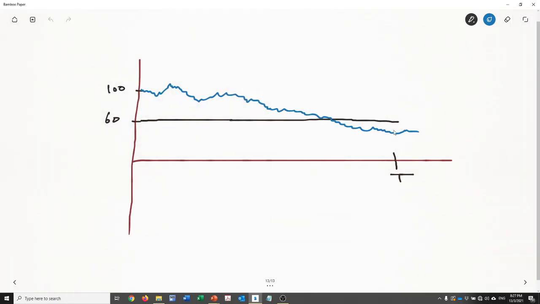But this particular scenario shows that if you have an American call option, it is better to wait until the expiration date, and then you decide whether to exercise or not.